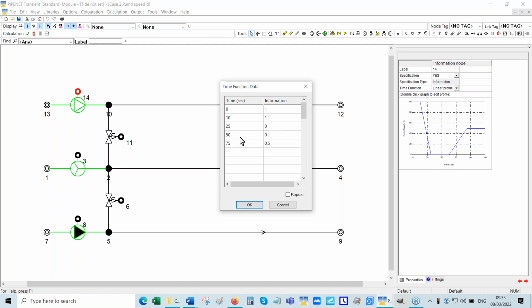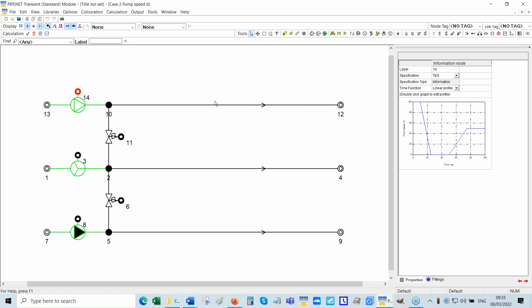And then at 50 seconds, it starts up again, and it ends up at 50% of the rated speed. Now, this doesn't actually consider any of the dynamics of the pumps themselves, like the impeller speed of rotation to be calculated and stuff like that. I'm inputting all those things. I'm doing the same for all three of them.